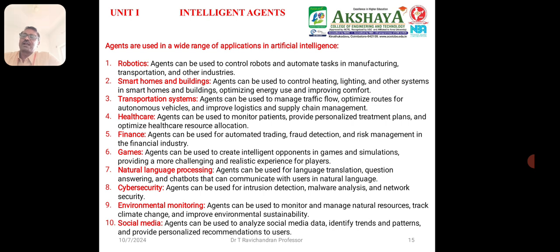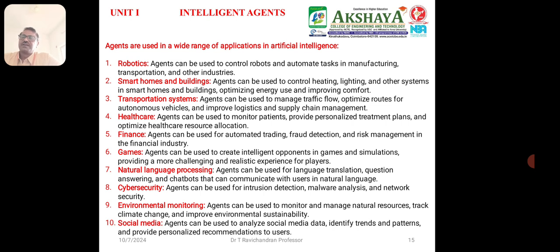The fourth is healthcare: all types of operations done exactly and accurately, with patient monitoring and decisions taken for treatment plans. These are very important healthcare applications. Financial applications: wealth creation using algo trading and risk management.